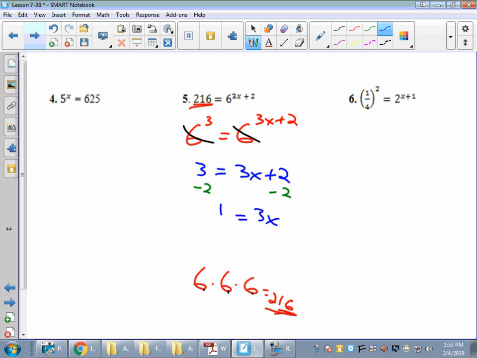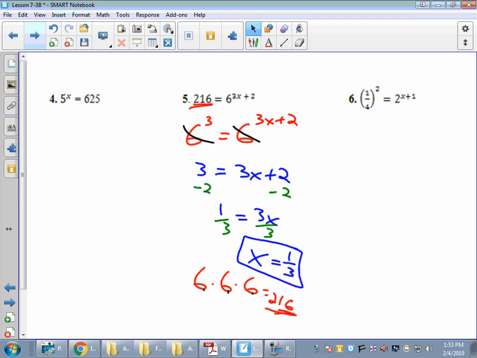And then I'd divide by 3. So now x would be equal to 1/3. Okay? If I plug the 1/3 up in here, I would get a true statement.